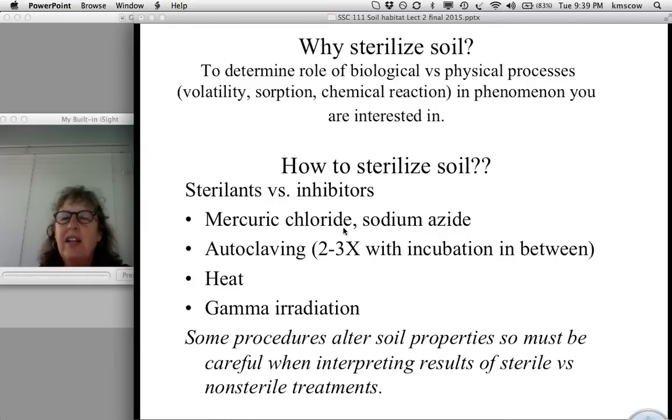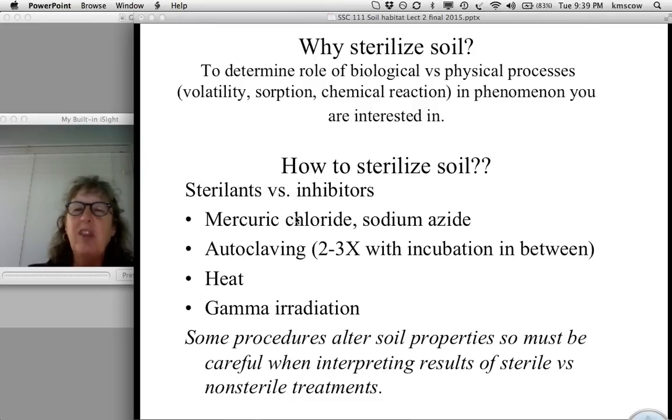Mercuric chloride is a sterilant. So one approach is to put these chemicals into soil and knock out any sort of biological activity. Sodium azide is another example, although sodium azide loses its effectiveness pretty fast.